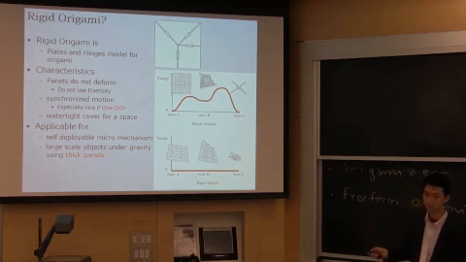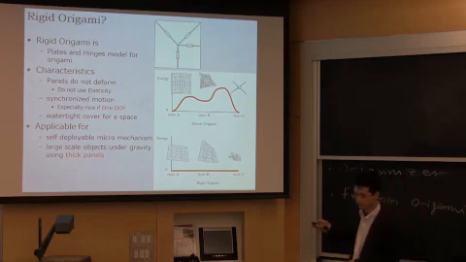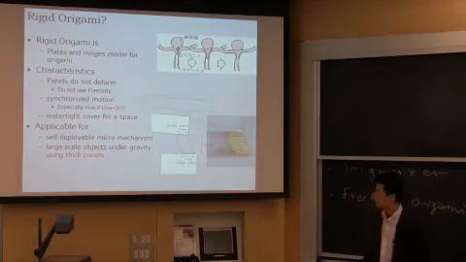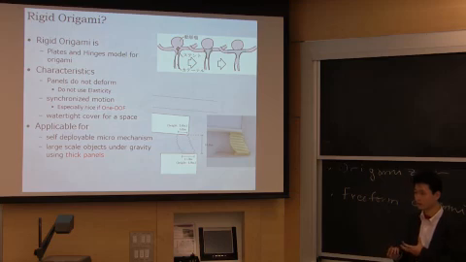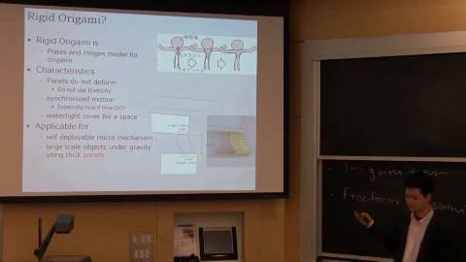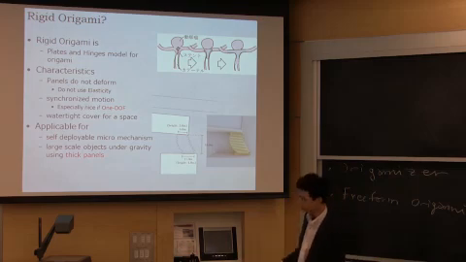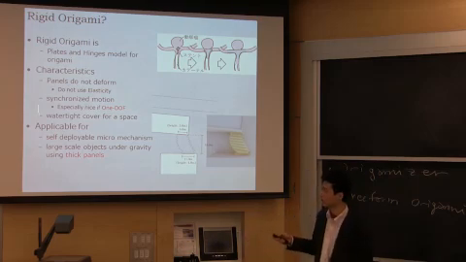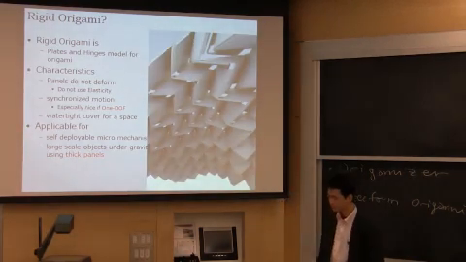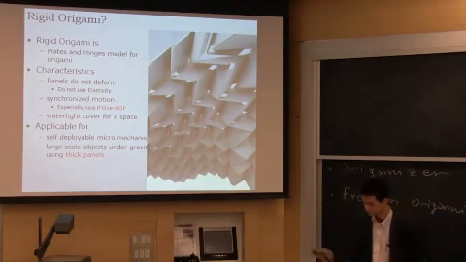But this is rigid foldable, which keeps each of the facets from deforming. And it's useful for self-deployable structures or architectural structures that are very large. You can substitute panels with thick panels. I will talk about that in the last part. So like this.